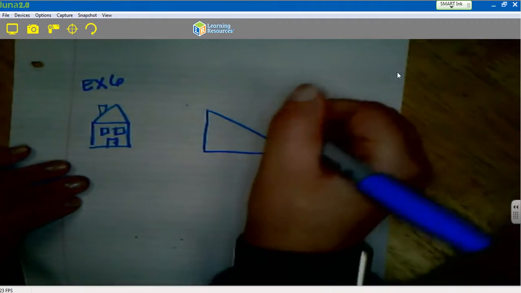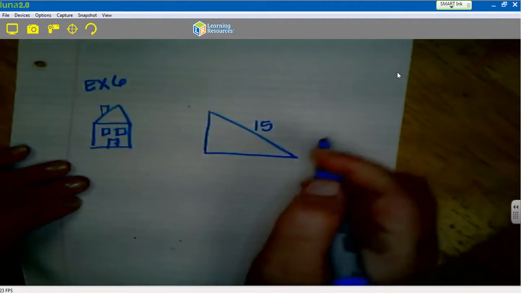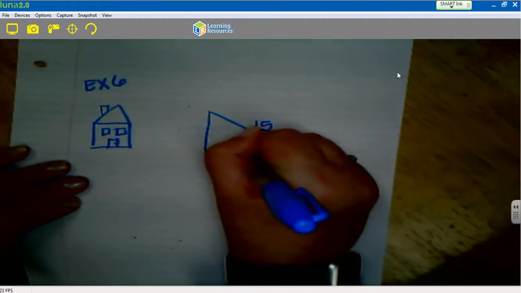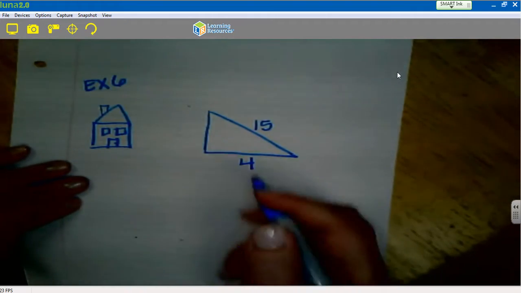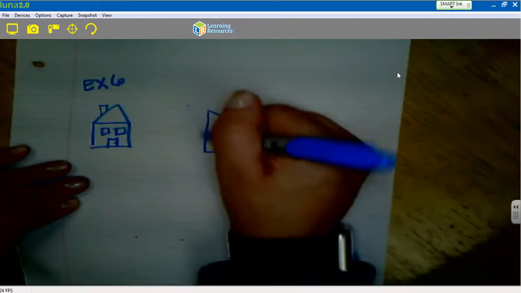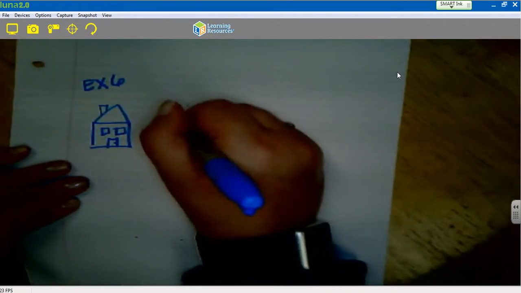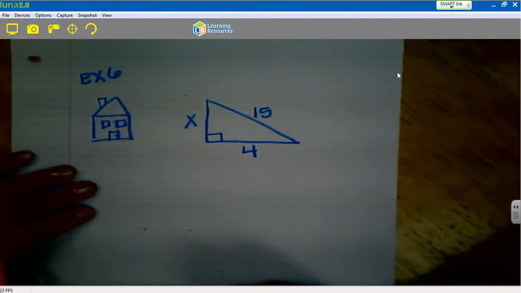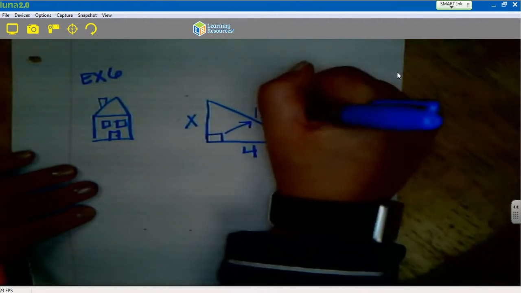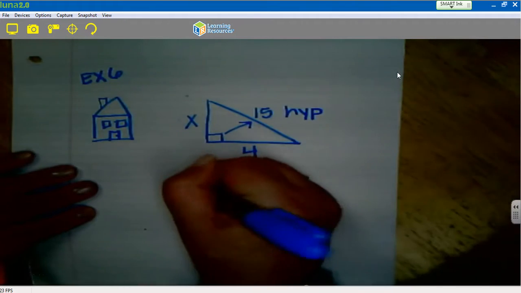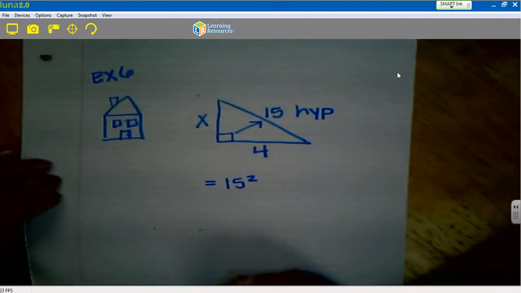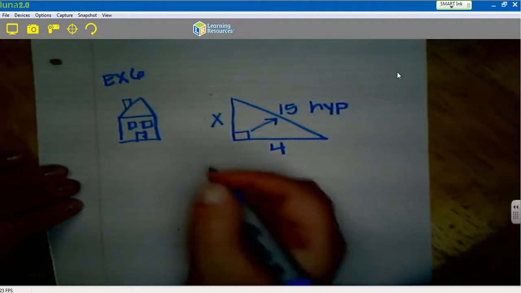That ladder is 15 feet. The ladder is 4 feet away from the base of the house. How high up along this side of the house will the ladder reach? Identify your hypotenuse. So this has to equal 15 squared. So the other two sides are the legs.